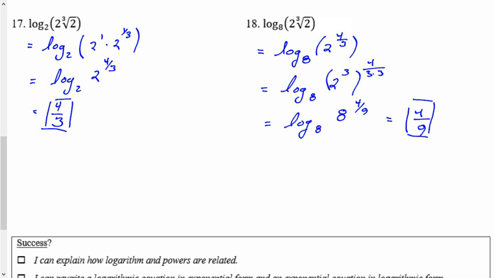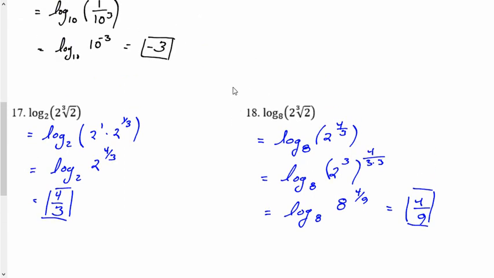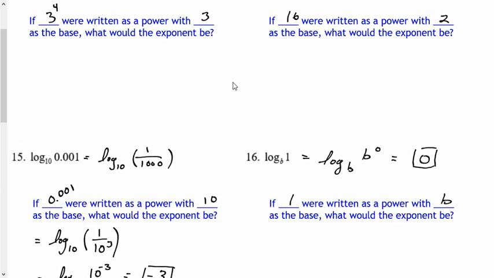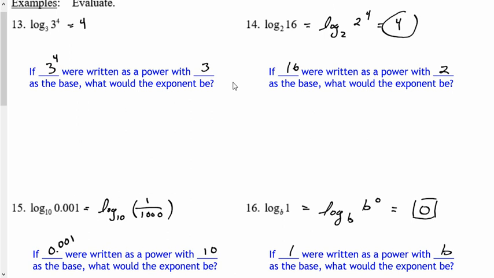Well, let's back up and look at some of these other questions. Let's start with number 14. And I'm just going to rewrite that original question. Log base 2 of 16. I want to know what this is equal to. So what I'm going to do this time is I'm going to say, well, let's just pick a variable. Let's suppose it equals x.